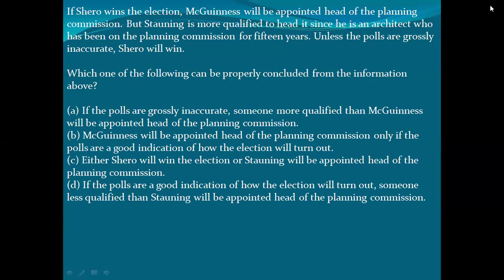Sir, B. You said B or D? B for ball. McGuinness will be appointed head of the Planning Commission only if the polls are a good indication of how the election will turn out. This again falls into the condition of sufficiency. Only if the polls are a good indication will mean that only if Shero wins.